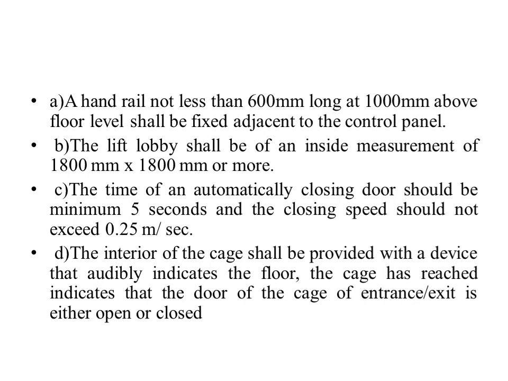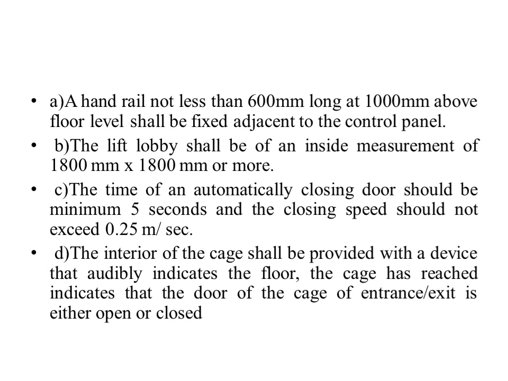A handrail not less than 600 mm long at 1000 mm above floor level shall be fixed adjacent to the control panel. The lift lobby shall be of an inside measurement of 1800 mm by 1800 mm or more.